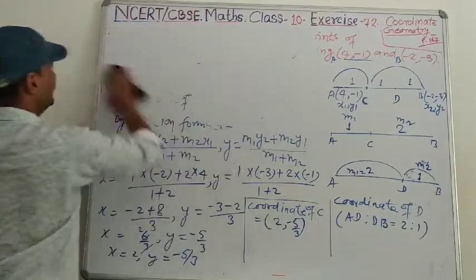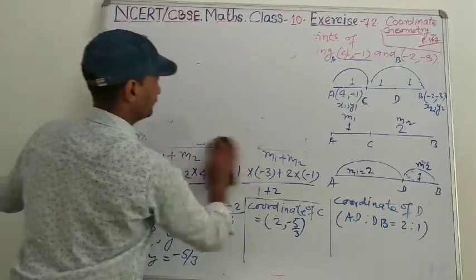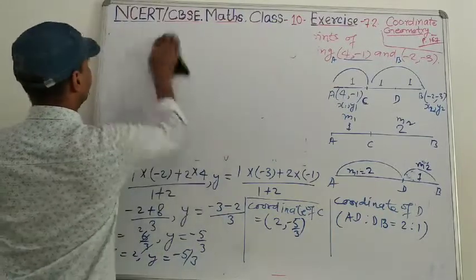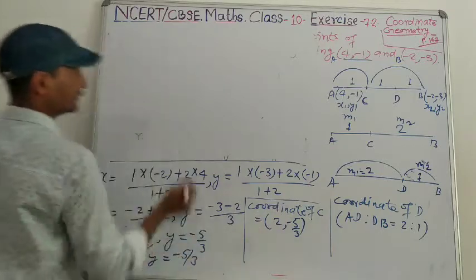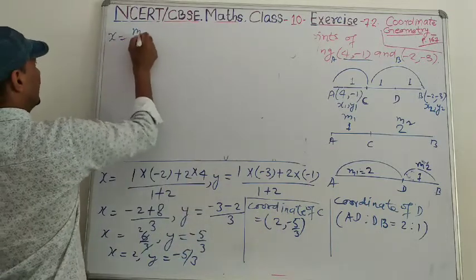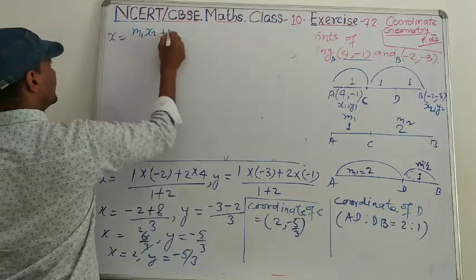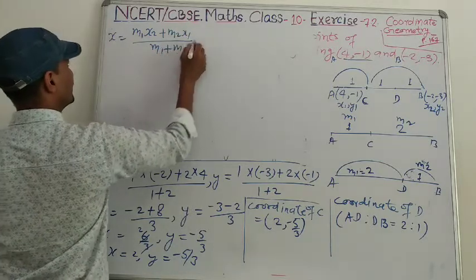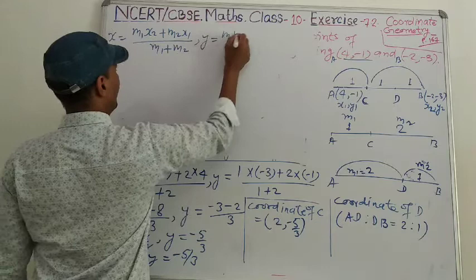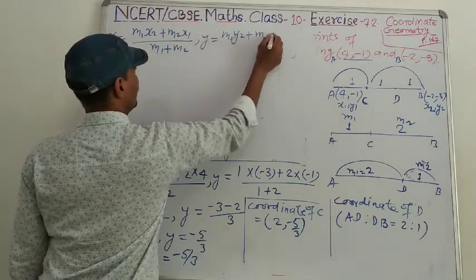So the coordinate of D is: x equals, I am writing the formula again, (m1 x2 plus m2 x1) by (m1 plus m2), y equals (m1 y2 plus m2 y1) by (m1 plus m2).